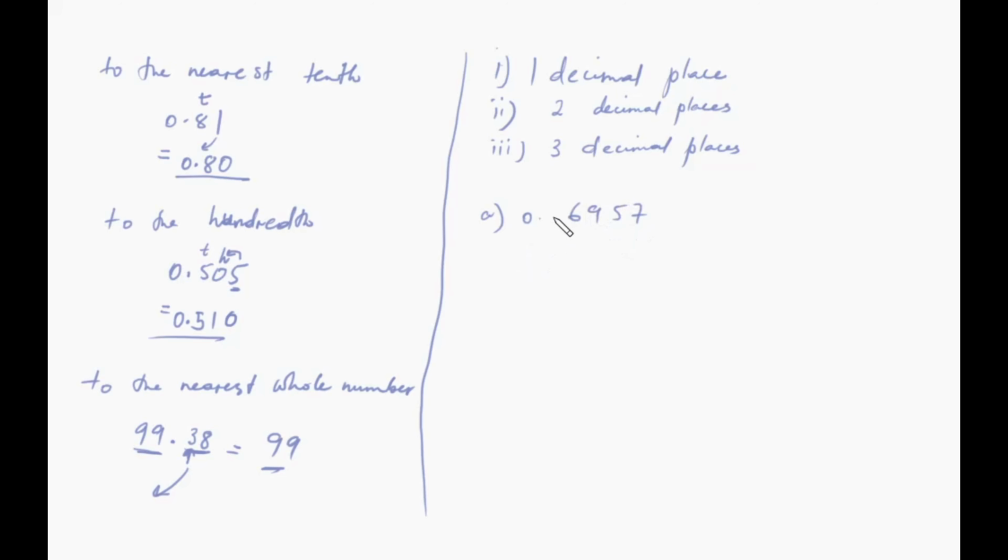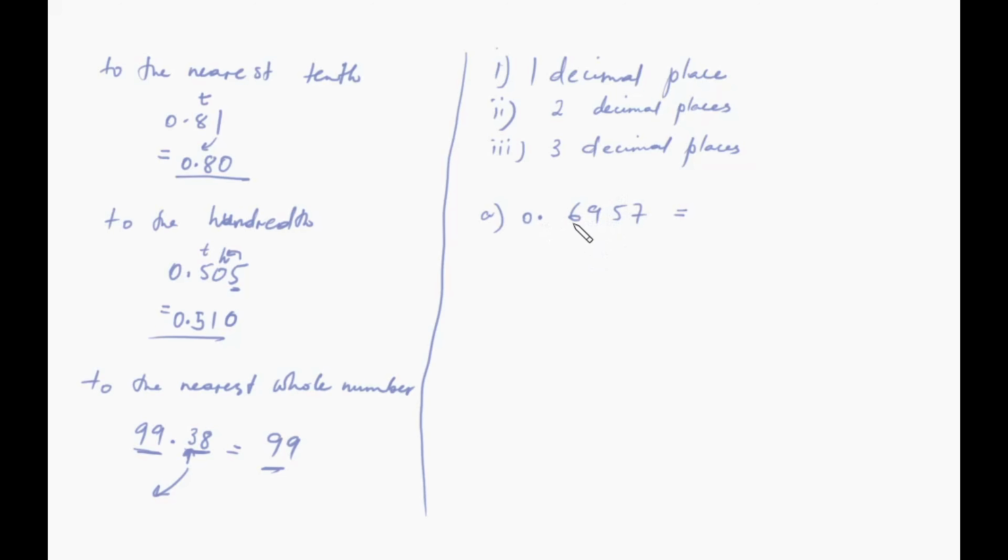Now, let's say we have this number 0.6957. Can you write it to one decimal place? How many decimal places are here? There are 4. 1, 2, 3, 4. You count the digits on the right hand side of the decimal point. This is the decimal point. There are 4 digits on the right hand side of the decimal point. So this number is to 4 decimal places.